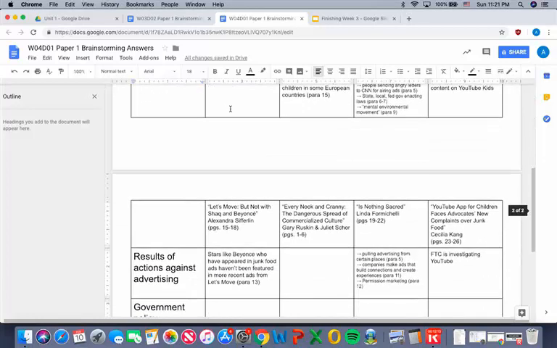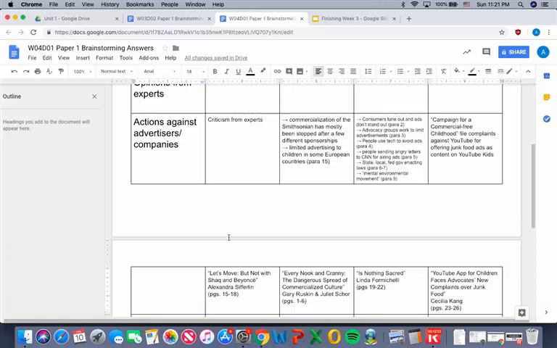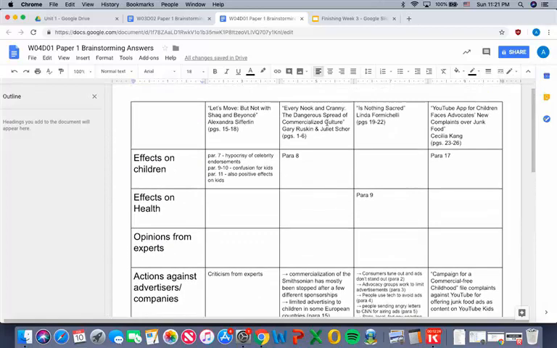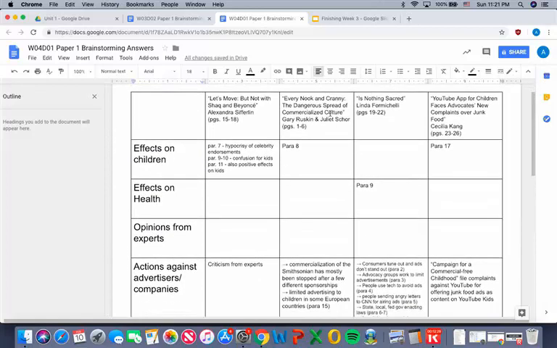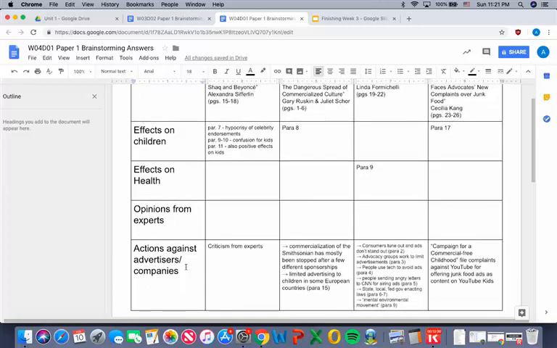And then the result of that was that stars like Beyonce, who have appeared in junk food ads, haven't been featured in more recent ads from Let's Move. So that did come up. If we looked at "Every Nook and Cranny, The Dangerous Spread of Commercialized Culture" by Ruskin and Shore, I said that the action against advertisers and companies was that the commercialization of the Smithsonian has mostly been stopped after a few different sponsorships.